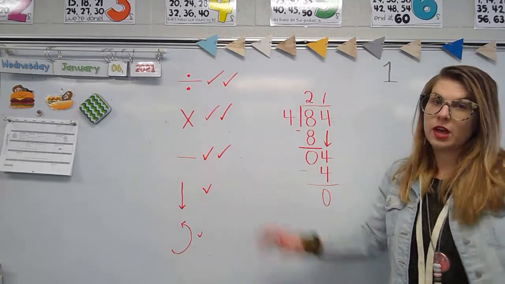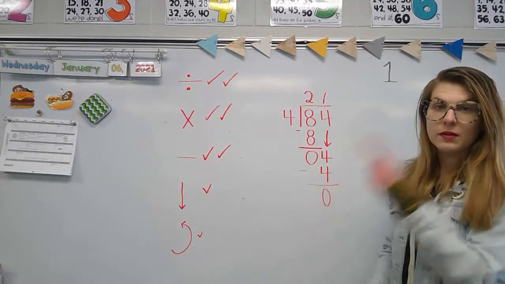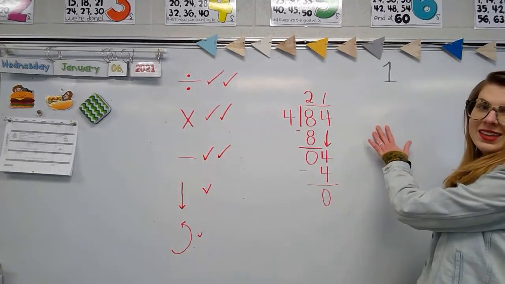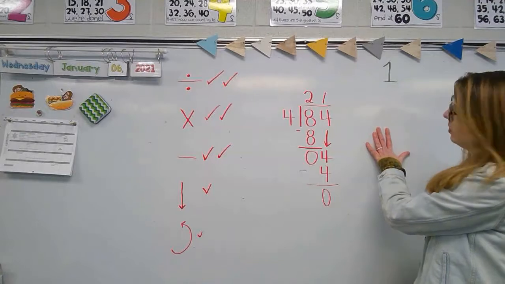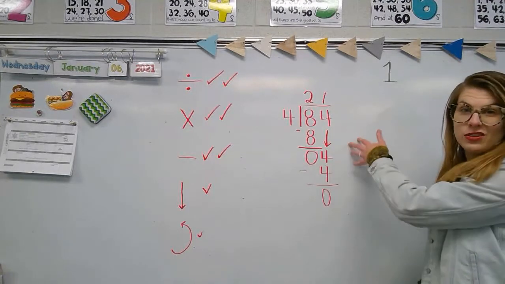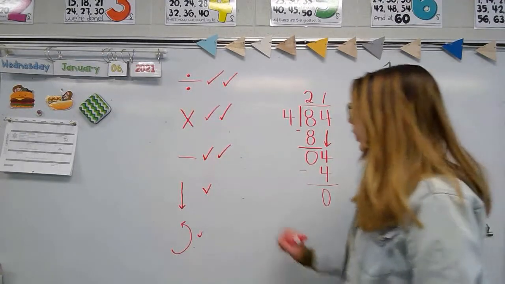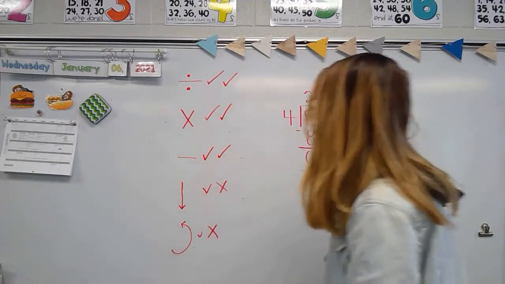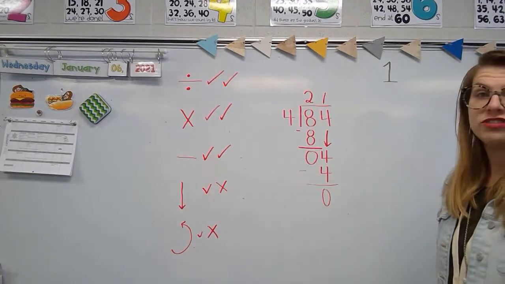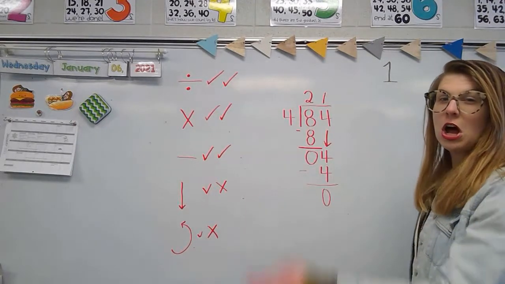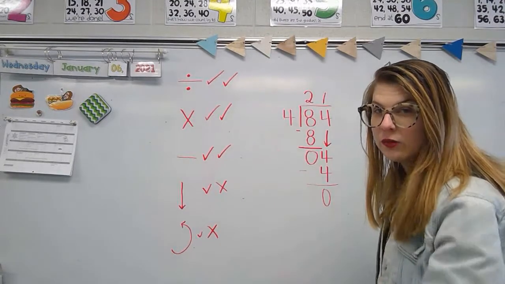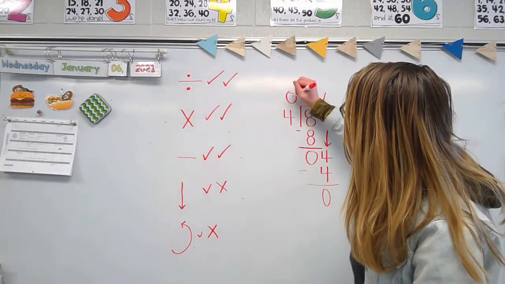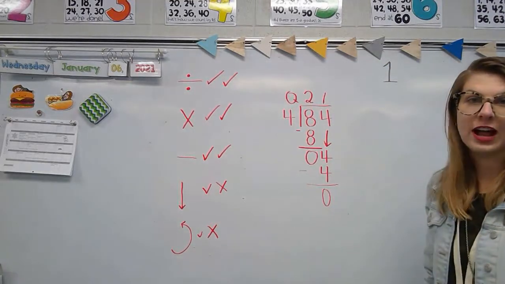We only do the bring it on down and bring it on back steps if we have more numbers inside of our whole number. But since 84's ended, there's no more digits to bring down. We don't need to do these steps again. Our quotient, our answer, our queen quotient, as I like to call it, is the number that's at the top of our house.